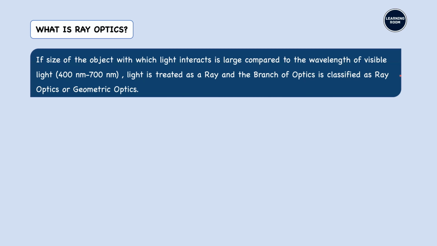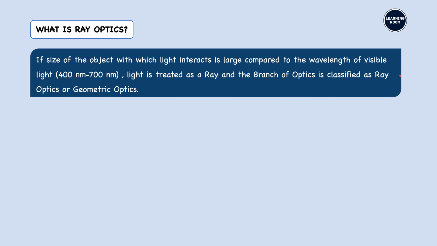First, let's try to understand what exactly ray optics is all about. When you talk about visible light, it interacts with different kinds of objects, and each object has a size associated with it. For example, when light is interacting with a mirror, mirrors have a finite size, generally a few centimeters or a few meters. Whereas the wavelength of visible light is in terms of a few nanometers.